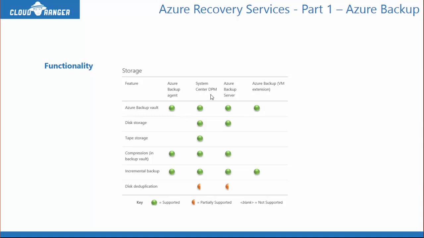Now, with your System Center DPM, you can do all of this, right? You can use System Center DPM to tell it that, hey, rather than storing everything on premises or on tape, I want you to go and store that in Azure Backup Vault. So this is a hybrid scenario based on your current solution.